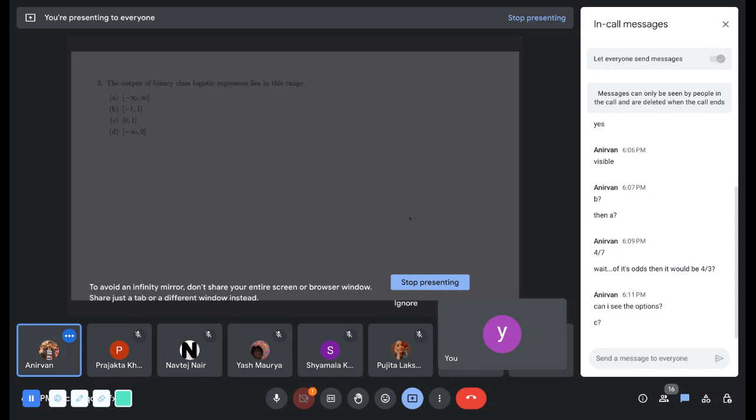Yeah, it's that exponential function, e power something divided by 1 plus e power something. Do you know what we call that function? There is a name for it.